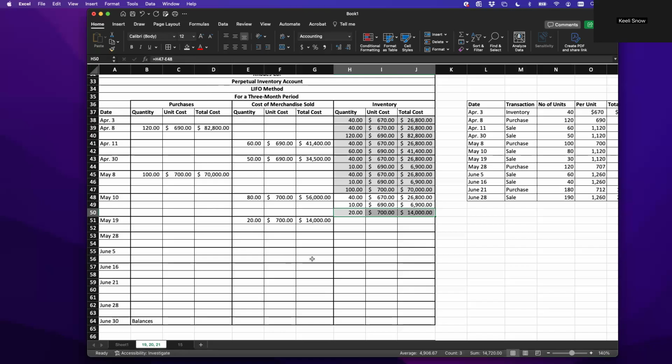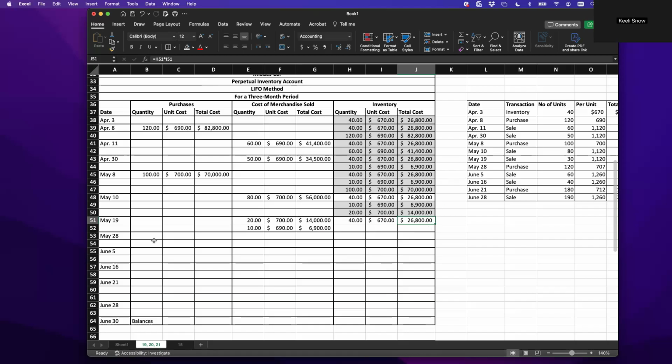Because we did a total sale of 30 on May 19th. So 10 more. And it just so happens we have 10 that cost 690. So 10 times 690 gives us 6,900. So all we have left is the 40 that cost 670 and gives us 26,800 in our inventory.